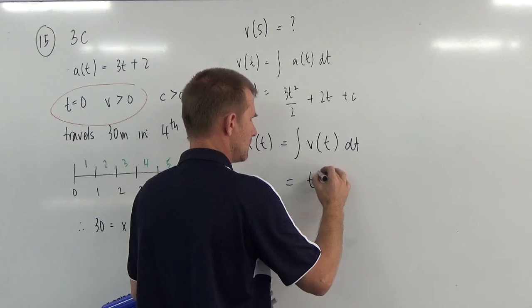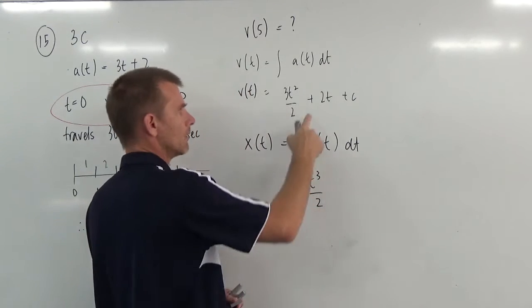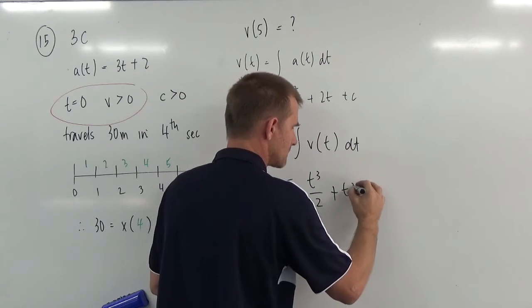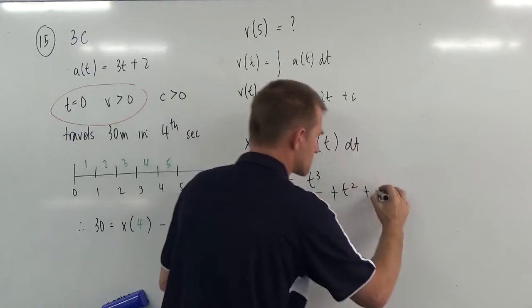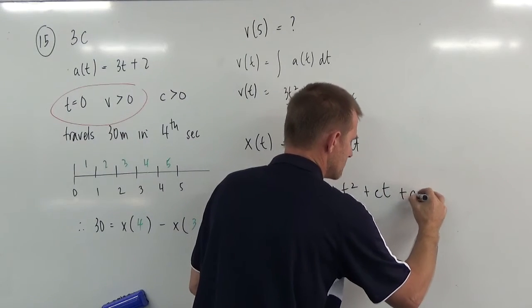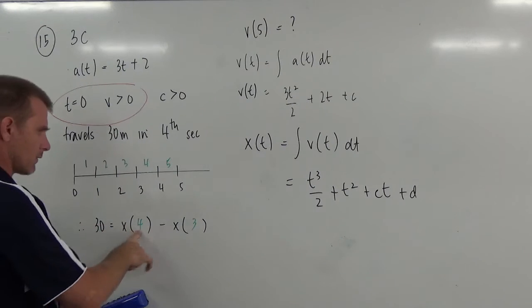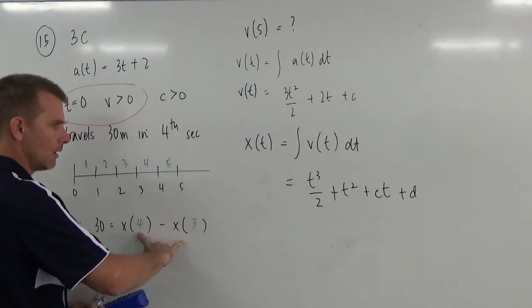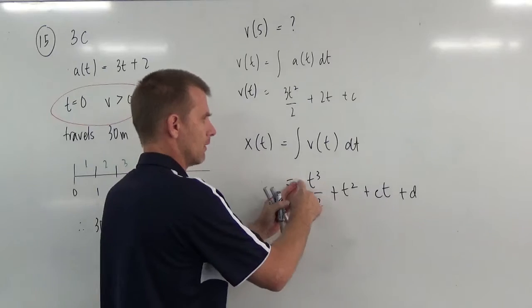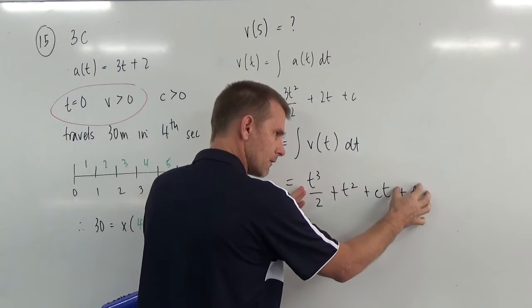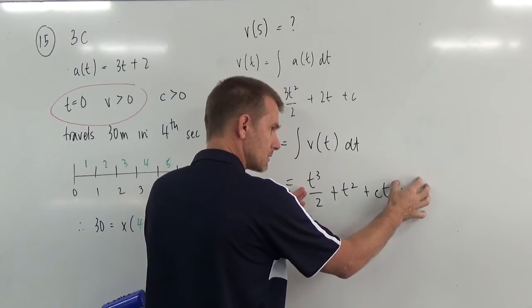So it's going to be t cubed over 2. This is going to become t squared plus ct plus d. Okay? Now, that looks okay. I'm happy with this. Now look at this. Because I've got 4 and 3 here, if I was to substitute those in, I think this is going to cancel out.